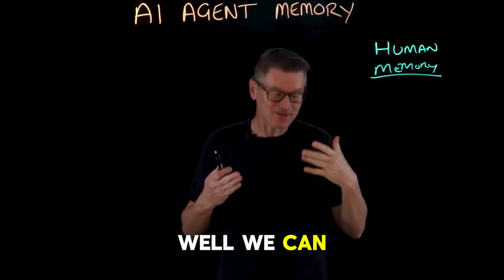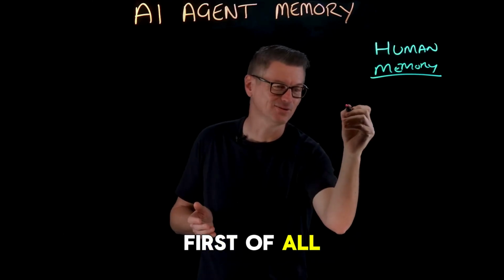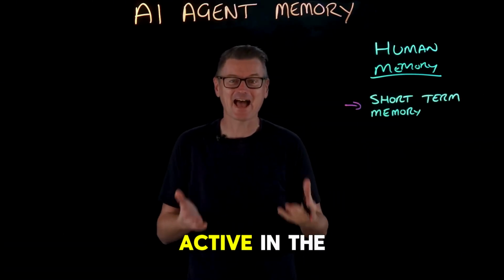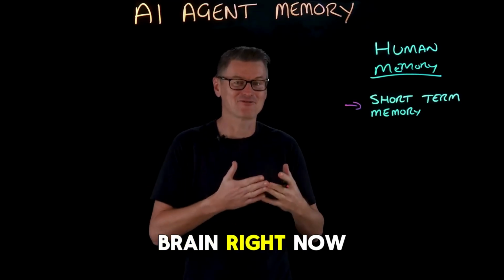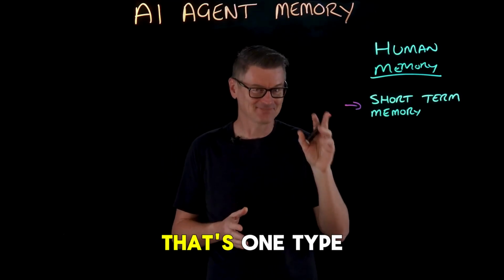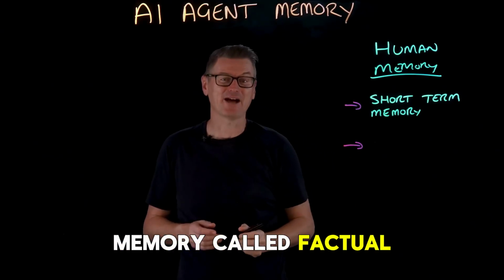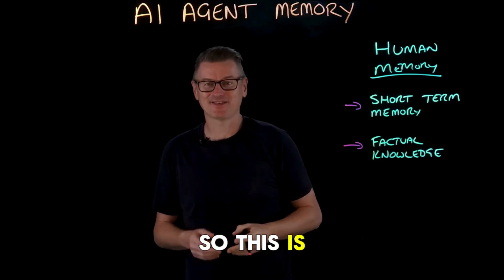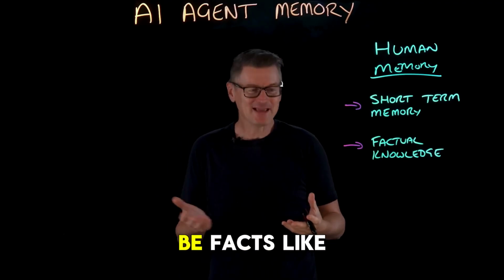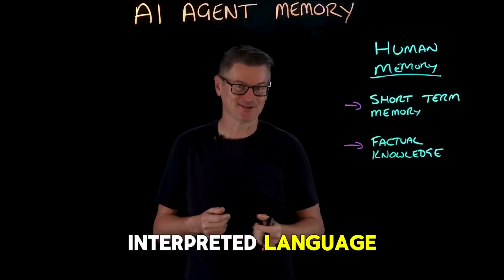Well, we can think of human memory as having, first of all, short-term memory. That's the stuff that is active in the brain right now, like what I'm saying at this very moment. That's one type of memory. But there's also a type of memory called factual knowledge. This is things like the company security policies that you remember, or it could be facts like Python is an interpreted language.